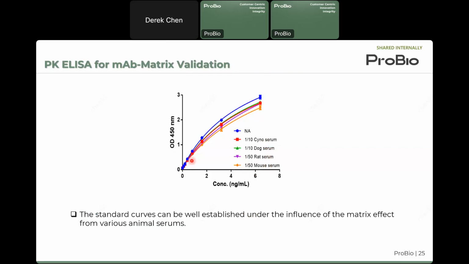The standard curves remain within an acceptable range of variation when exposed to these animal sera with 1 to 10 to 1 to 50 dilution ratios. The typical acceptable dilution range, MTD, for animal serums is from 1 to 10 to 1 to 100. So this dilution ratio falls well into the acceptable range.